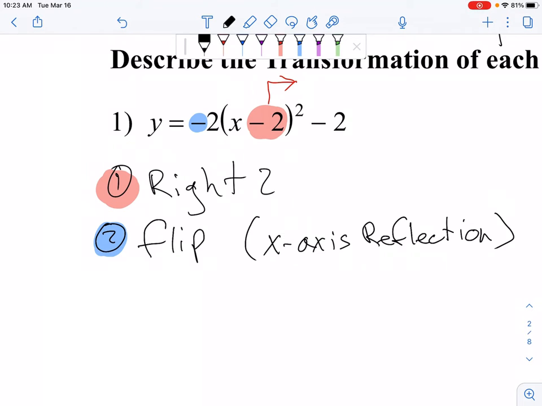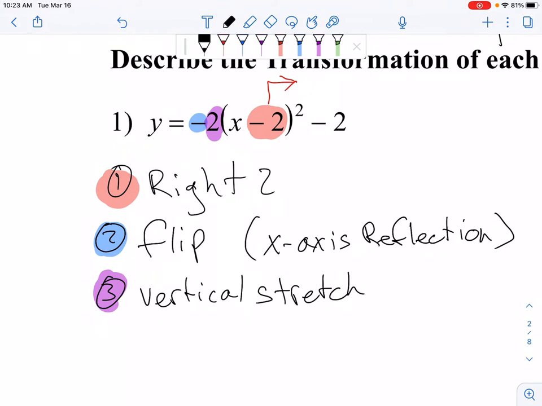The third thing we'll describe is this 2 out front, and this is a vertical stretch. This is going to stretch our parabola out by 2. Essentially, all of our y values for each point get multiplied by 2. So our parent y values times 2.